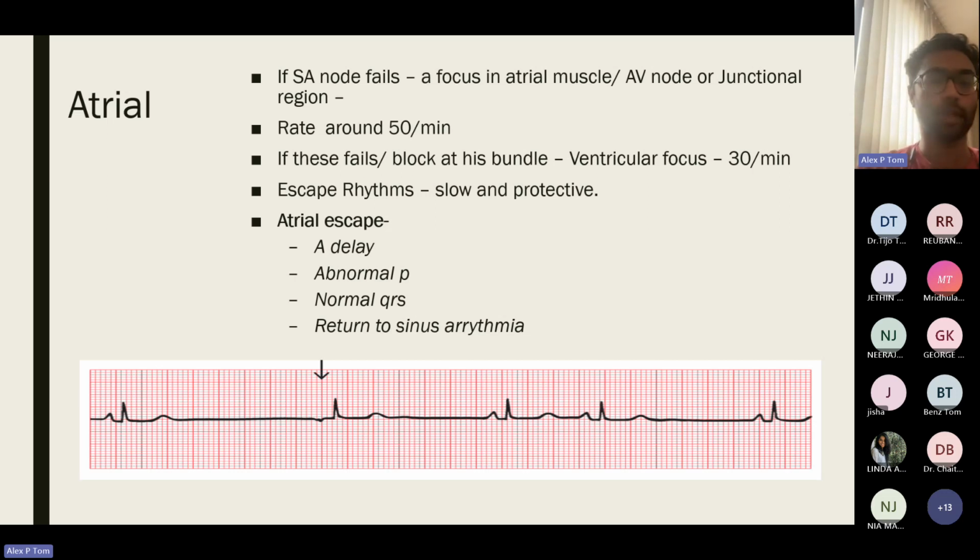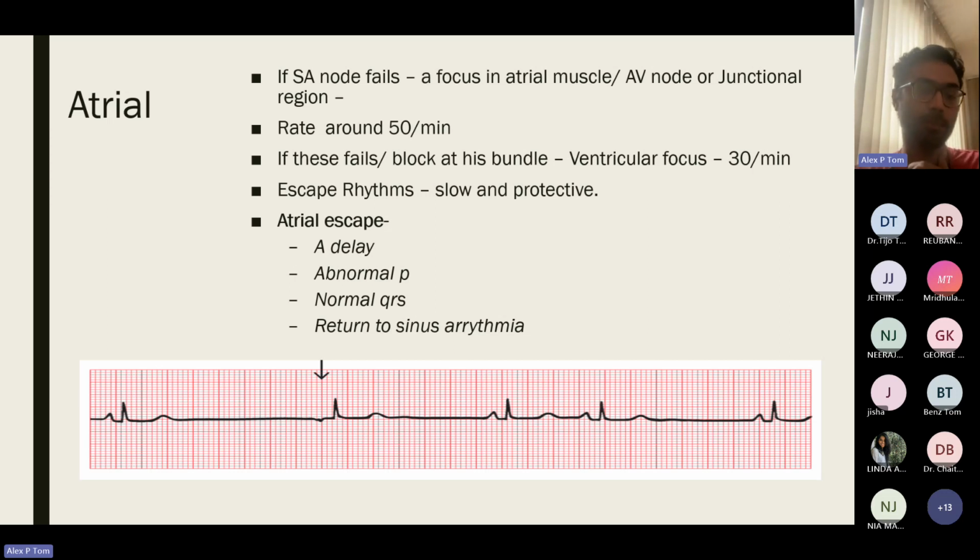Some random focus in the atrial musculature, or in the AV node or the junctional region, will take up that role. Whenever the focus is from the atrial muscle, it will start generating impulses at a rate of around 50, and then these rhythms will happen. So in an atrial escape, it will be something like this.